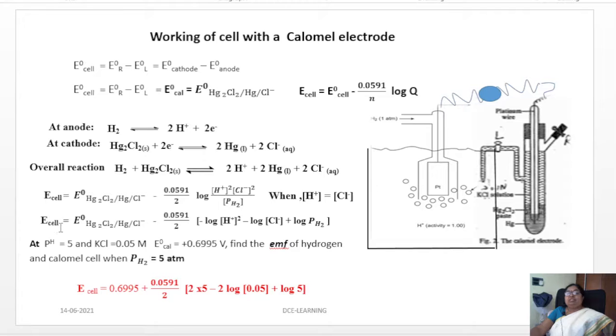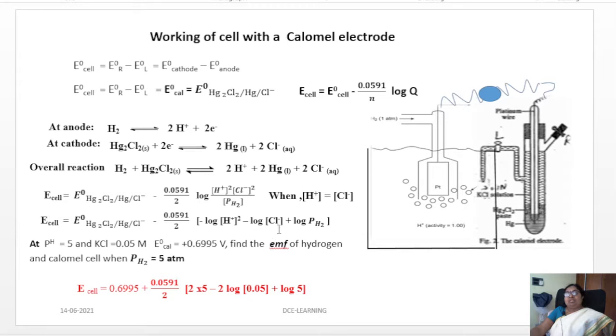E cell which is equal to E cell of calomel, minus 0.0591 into log of H plus ion square, because the square will be there.